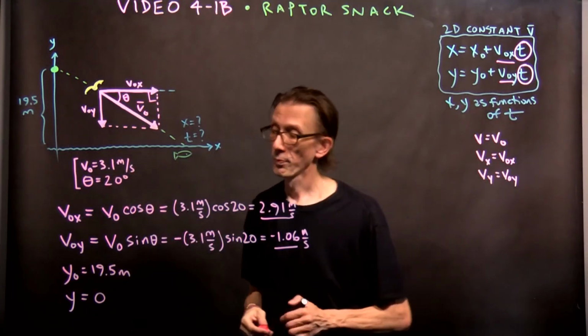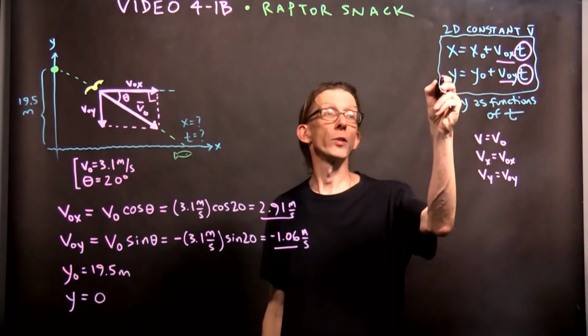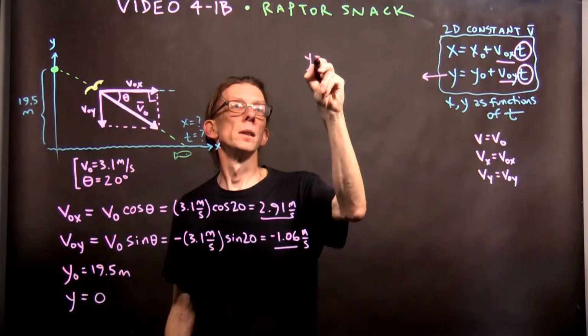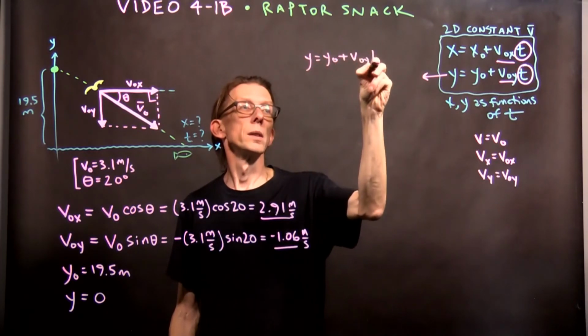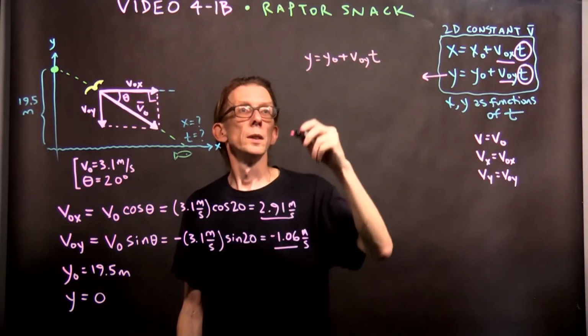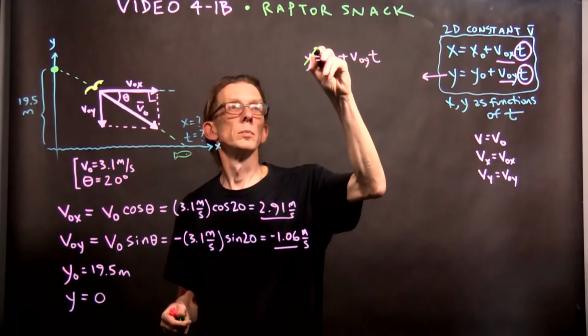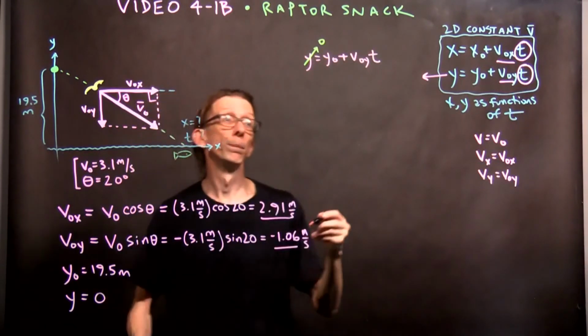Boom. So we know everything except for time in this formula here, so we can use this one. Right? Y naught plus V naught y t. We know that y is 0.